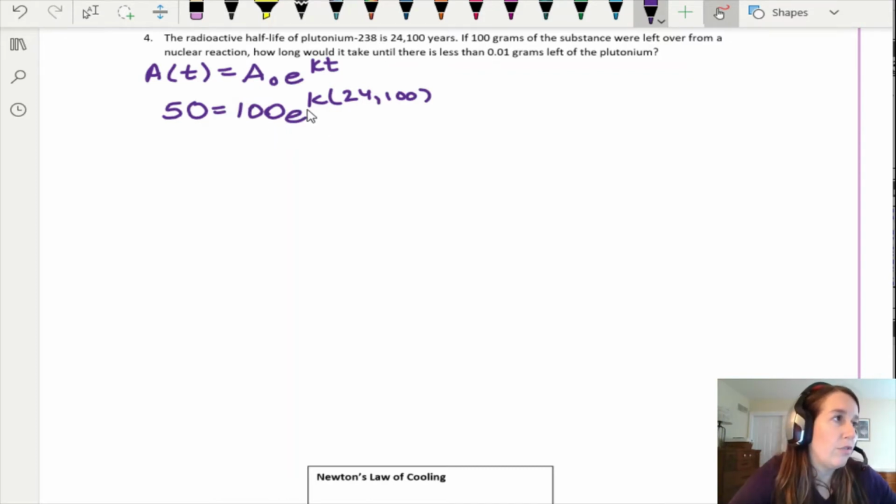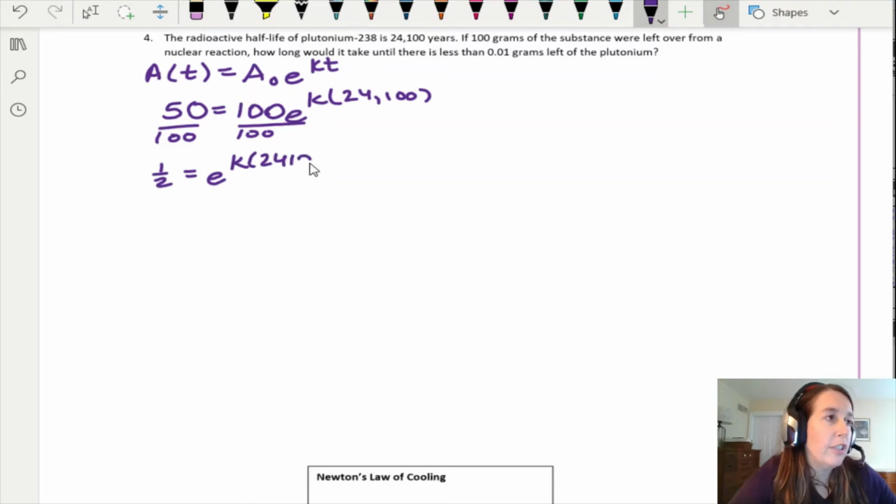All right, so the first thing we want to do is divide both sides by 100. And therefore, 50 over 100 is a half, and that's equal to e to the K times 24,100. So now that the e is by itself, we can change to log form.